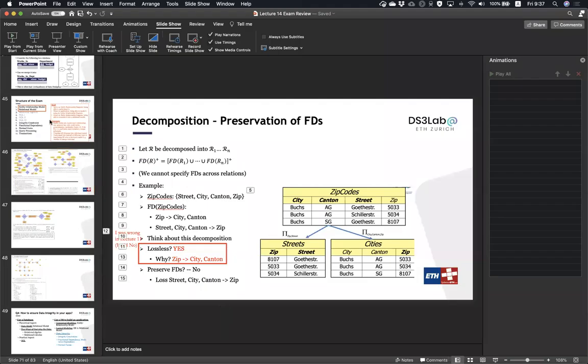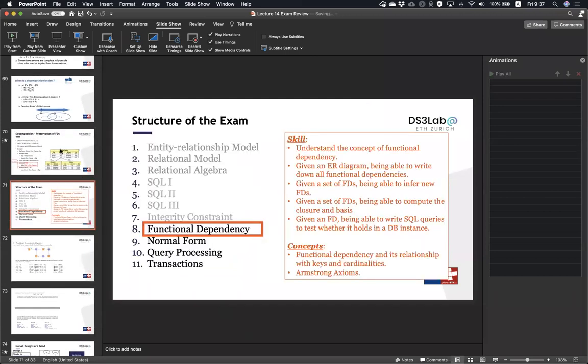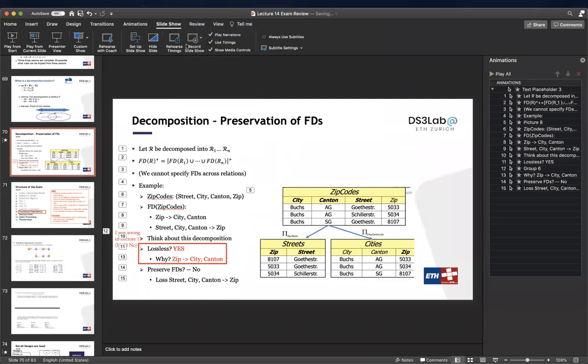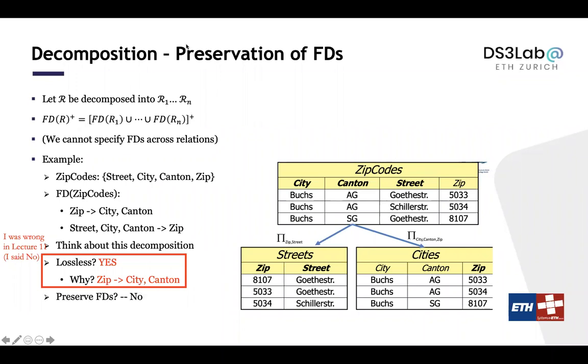So what is our expectation? Yeah, go ahead, I think we have one question. On the slide, we have the functional dependency between the zip and the city canton, and also between zip and street? When we decompose, in the smaller relation, you have the functional dependency from zip code to city canton, and for the other one, you have nothing.